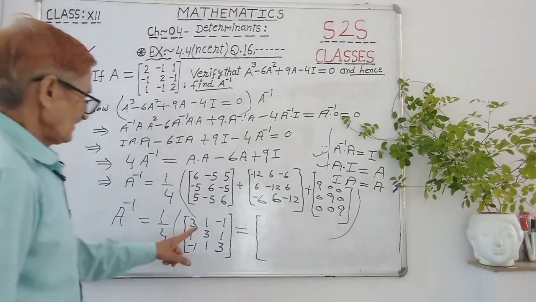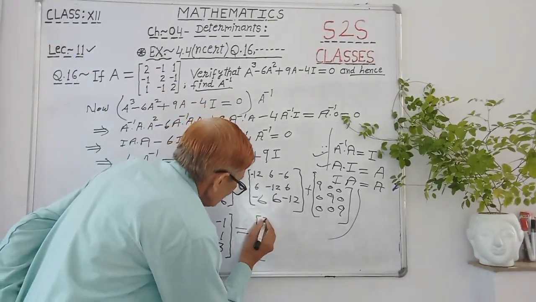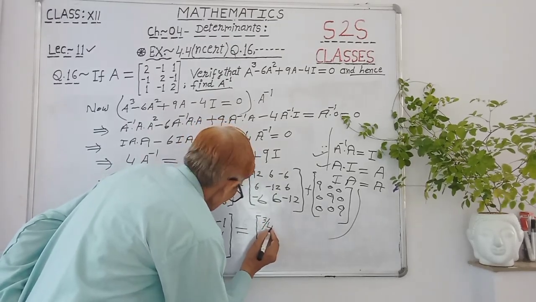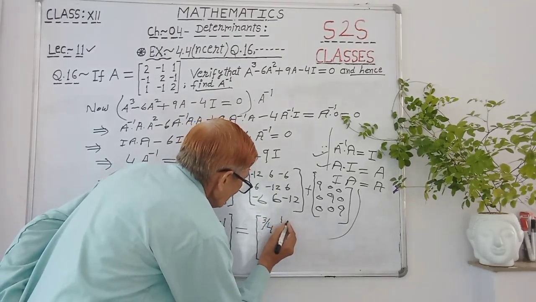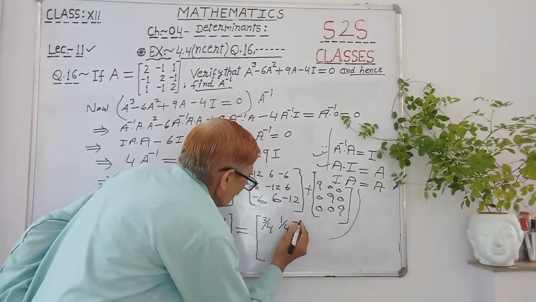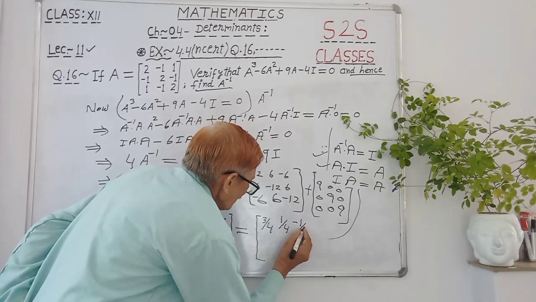This divide by 4, so divide each element by 4. Okay beta? Then 3 by 4, 1 by 4, minus 1 by 4.